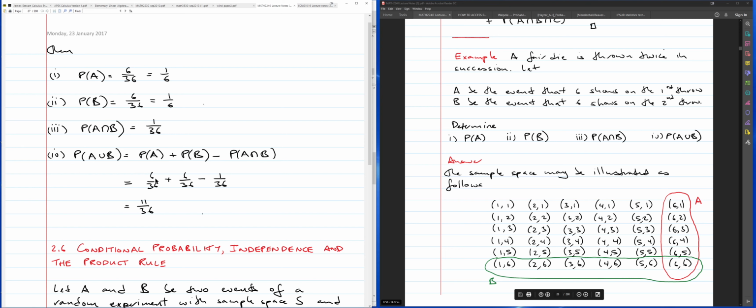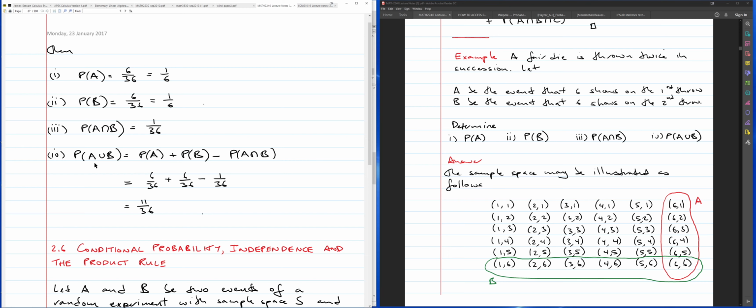So you get 6 on 36 for the probability of A, 6 on 36 for the probability of B, and then you subtract your double count, which is the intersection over here. So minus the probability of A intersect B, and the probability of A intersect B is 1 on 36. So this would give you your answer over here, which is 11 on 36.